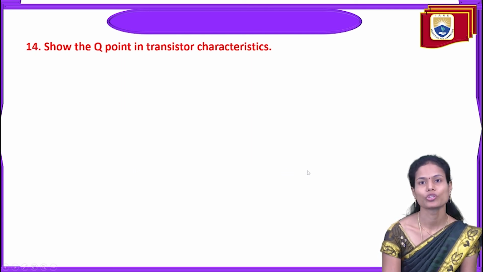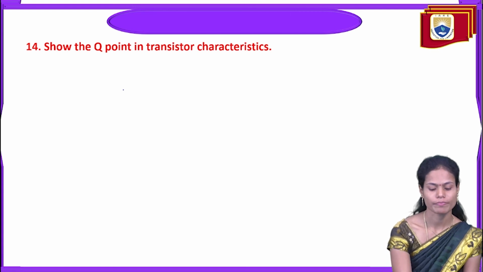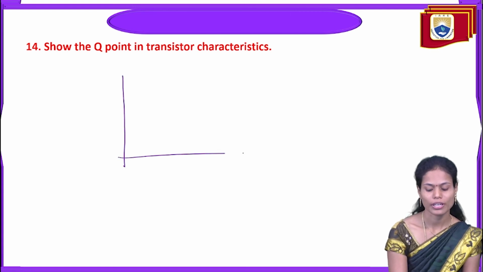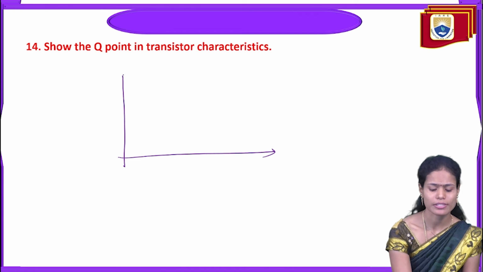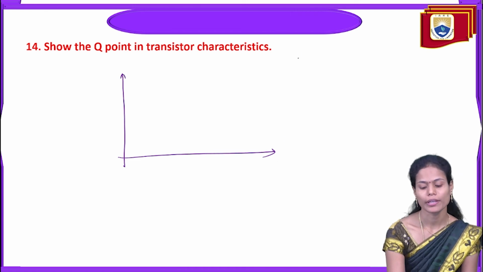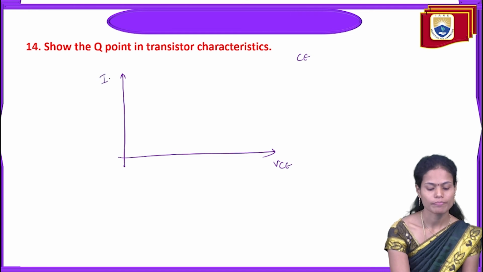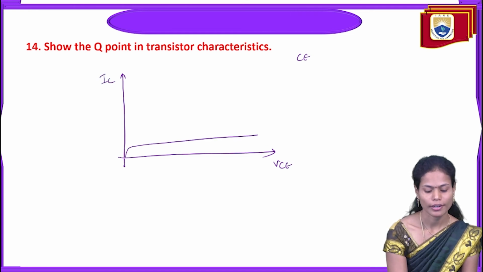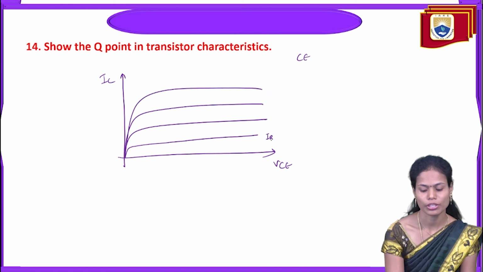And next, show the Q point in transistor characteristics. So to show the Q point, we have to take the output characteristics. For example, I am taking the common emitter amplifier characteristics, that is VCE versus IC, and the base current is some constant value here. IB equal to 0, IB equal to 20 microamperes, and IB equal to some 40 microamperes, and so on.